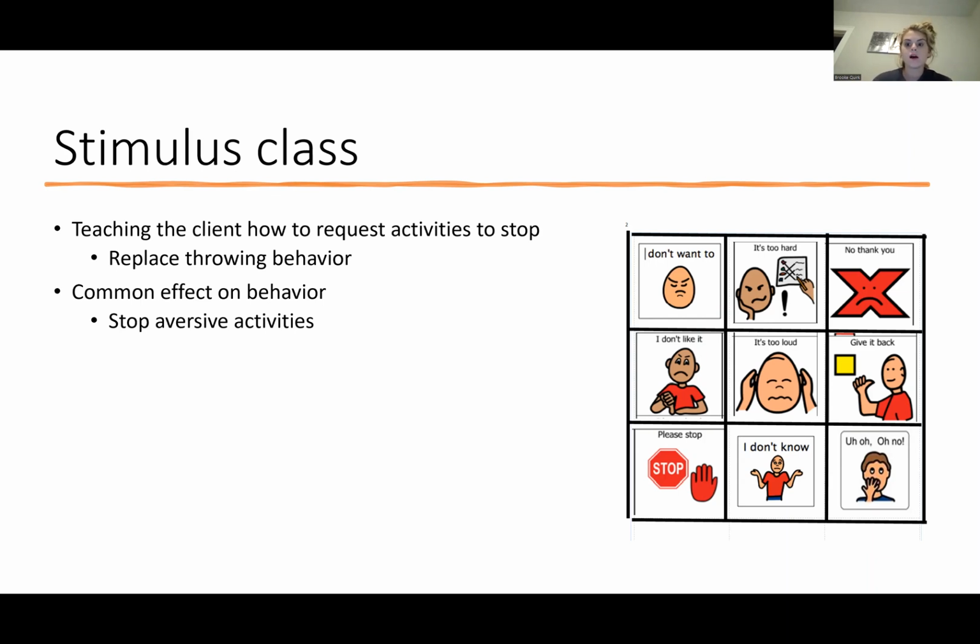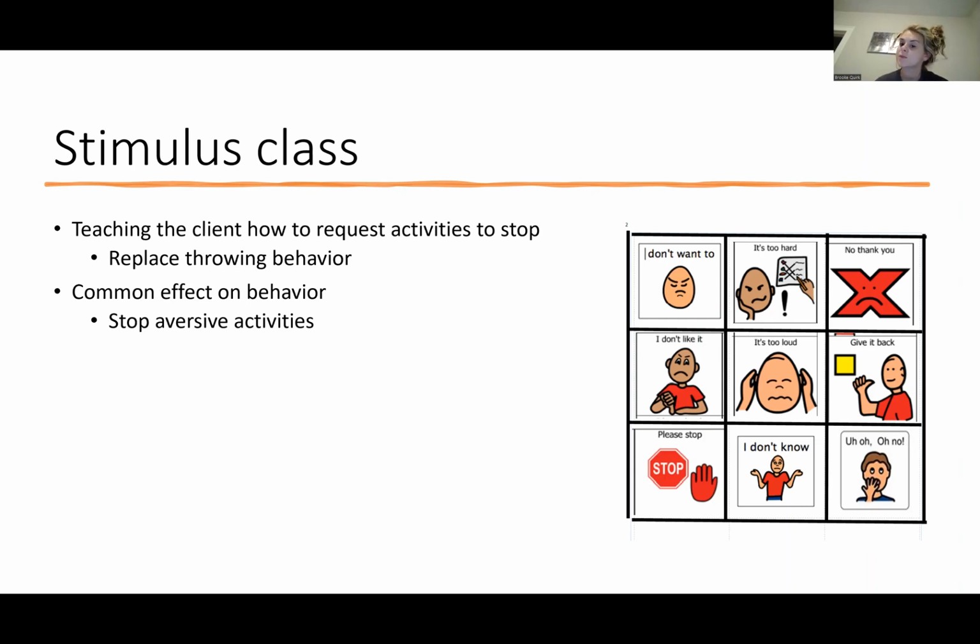My main goal truly is to work on autonomy with our clients. I want them to have that choice. I want them to have that option to stop if they don't want to. So if we ask them, hey, do you want to come to the table? No, thank you. I don't want to. Okay, that's fine. You don't have to throw things. You don't have to elope from me.